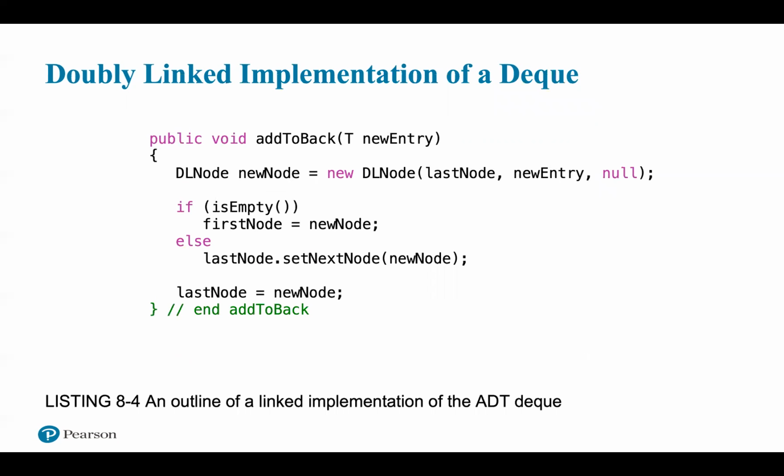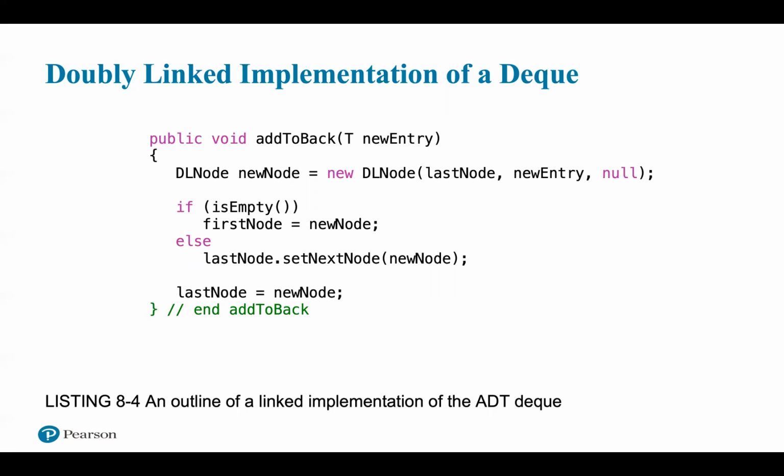Aside from its name, the method differs from enqueue only in the statement that allocates a new node. Note that the constructor for DLNode has parameters previousNode, nodeData, and nextNode in that order. The implementation of addToFront has an analogous implementation.